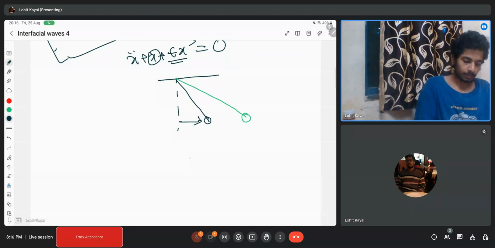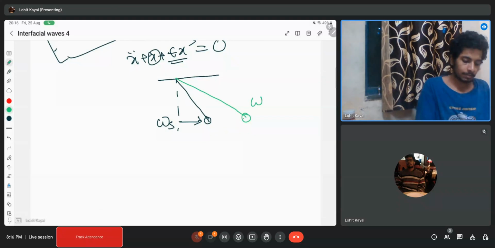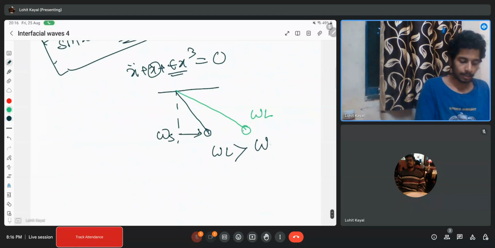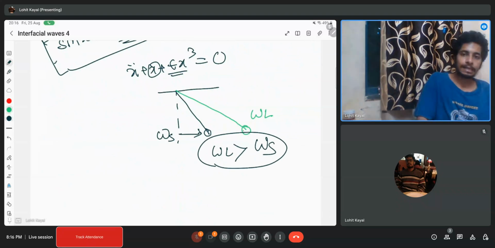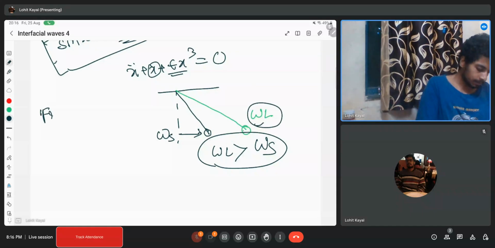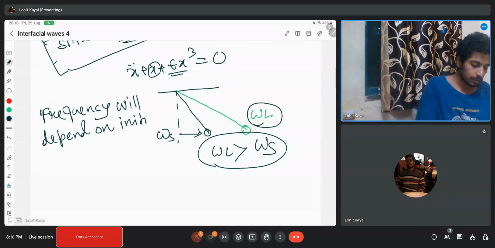If you give it a small perturbation, the frequency you get is omega s, for small, and for a large perturbation, the frequency is omega l. You will find that omega l is greater than omega s. In the last class I also discussed this. It indicates that, this is a very important point, so let me write it: frequency will depend on initial amplitude.